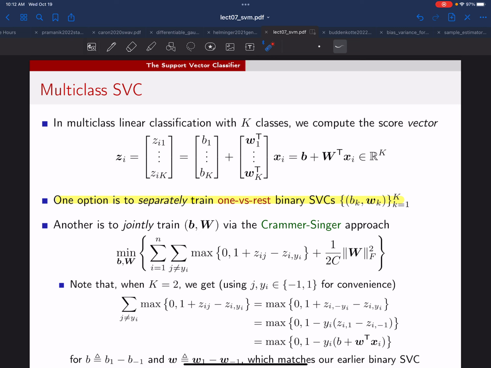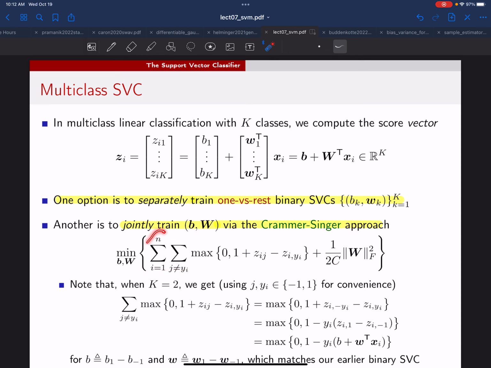Okay, so a different approach is to try to jointly train all the parameters together. When we were doing logistic regression, we called that approach multinomial logistic regression. In the case of the SVC, it's known as the Cramer-Singer approach. And this is what it is. It looks a little bit complicated.